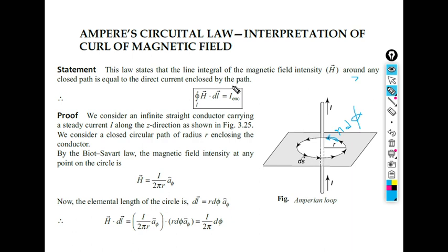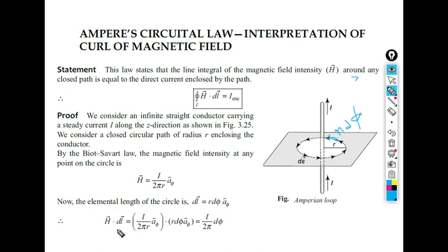Now if I take this dl and put it here, what am I going to get? H is equal to 1 by 2 pi r a phi cap, and dl is equal to r d phi a phi cap. So we are getting H dot dl equal to 1 by 2 pi d phi.